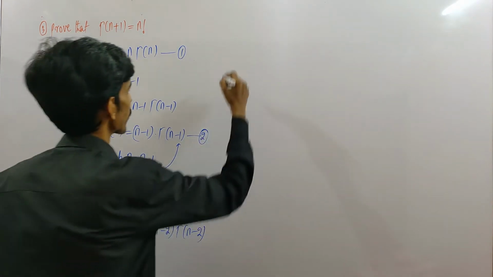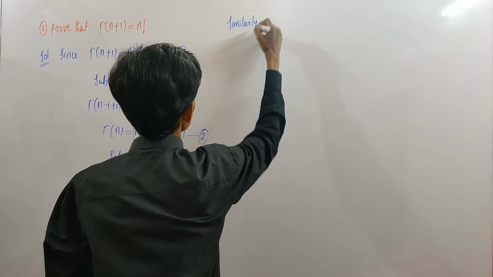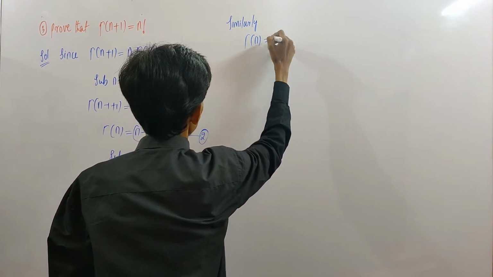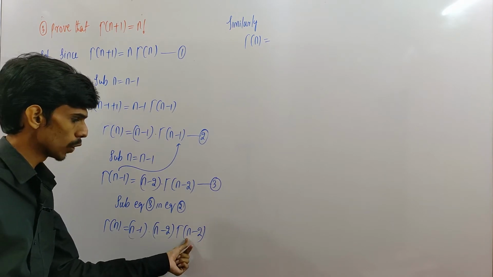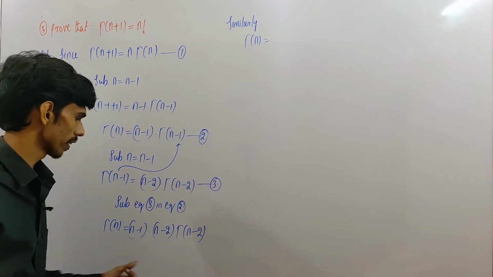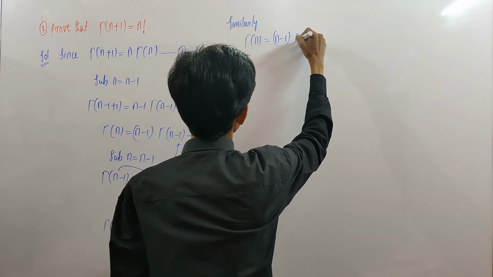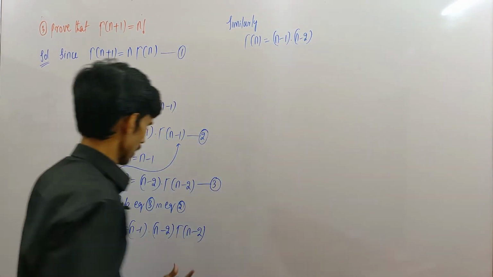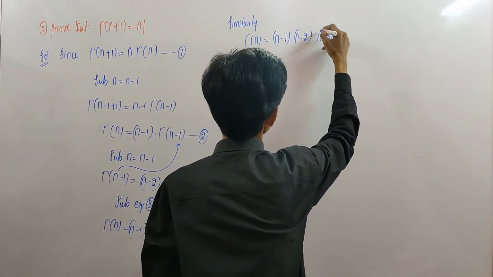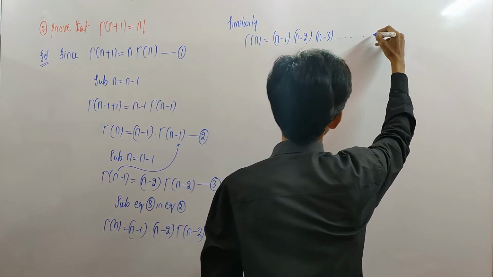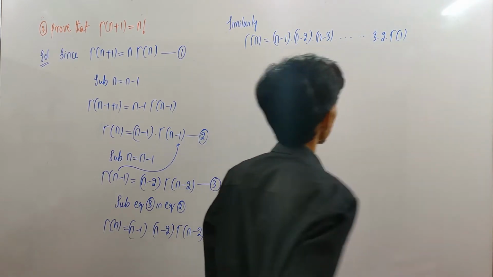Similarly, this gamma will reduce up to the value inside this bracket will become 1. So this gamma of n will become n minus 1 into n minus 2. This gamma function will reduce n minus 3 and so on up to 3 into gamma of 1.